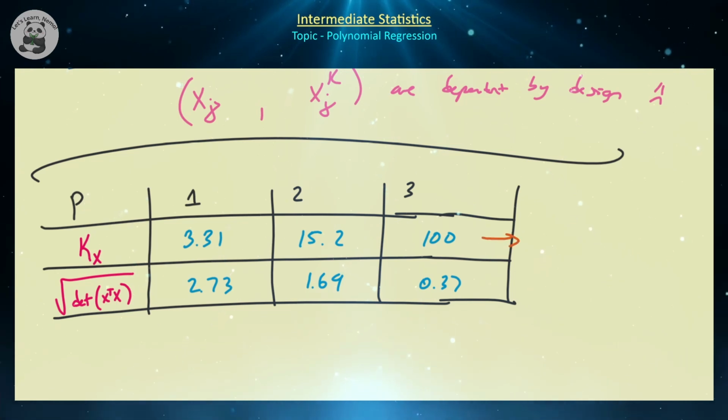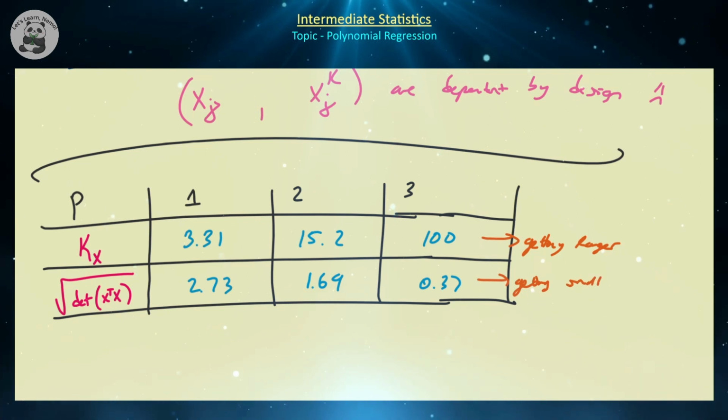As we can see, the condition number is getting larger, which is typically the case, and the determinant is getting smaller. So we already know that when the condition number gets larger, that means the precision and stability of our model is getting worse.